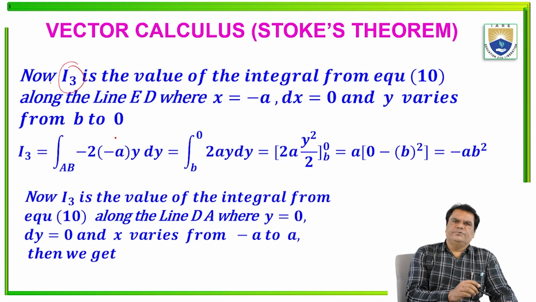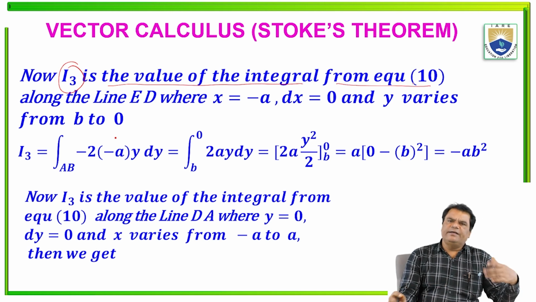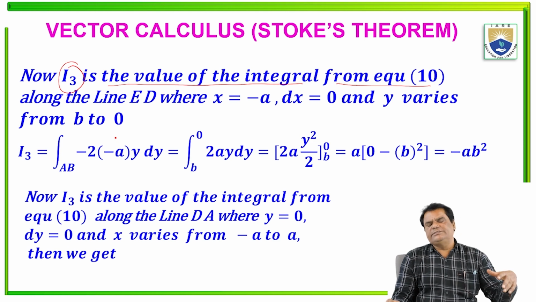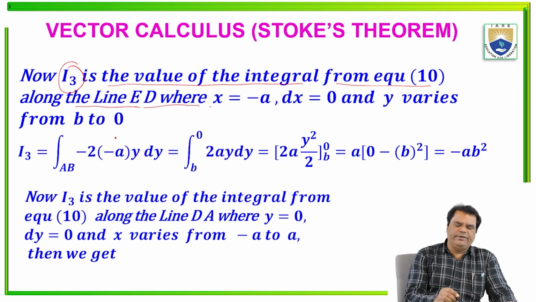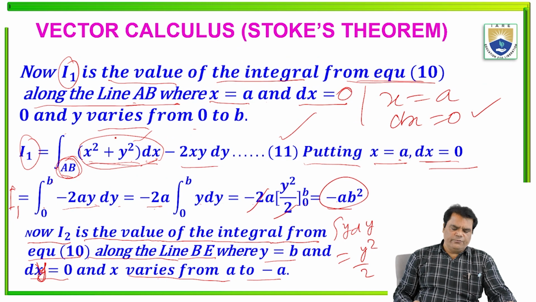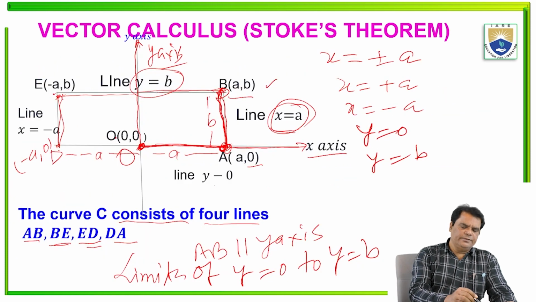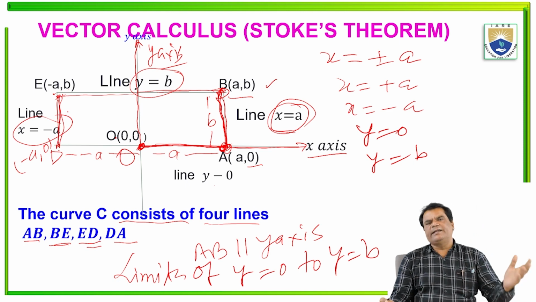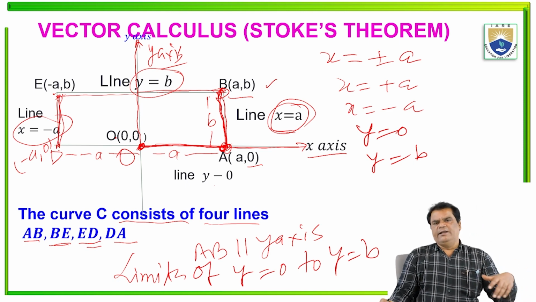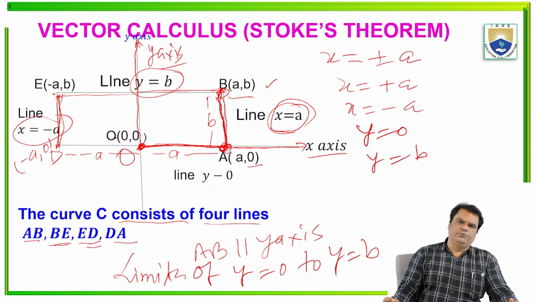Now I3 is the value of the integral from equation 10, which is Stokes theorem, the left hand side of Stokes theorem in scalar form, along the line ED, where x equal to minus a, so dx equal to 0. ED is a line parallel to the y axis, so its equation is x equal to minus a.